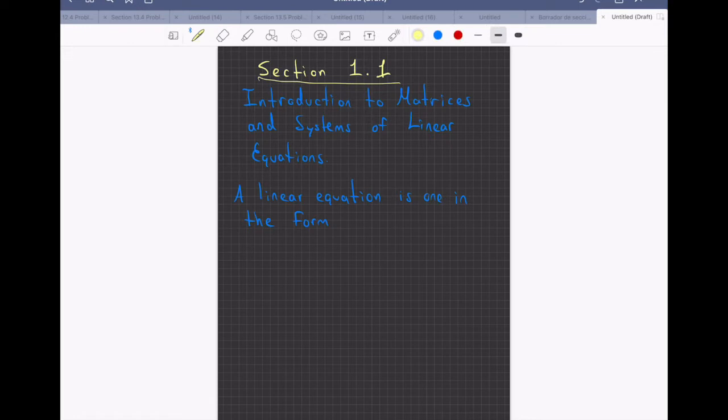I think the most common form that you have for a linear equation is this: y equal to mx plus b. And maybe you remember that this graphically is a straight line.